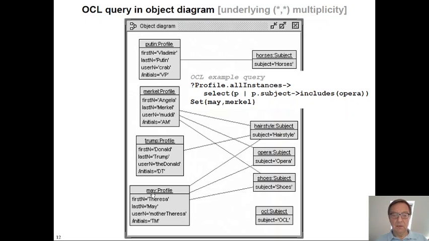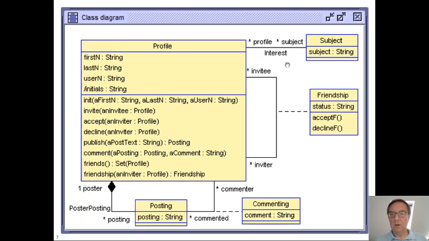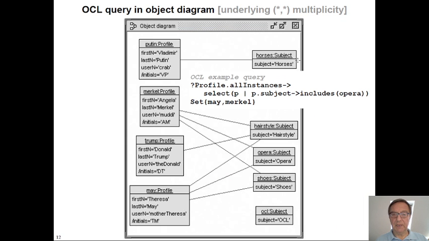And for p equal to May, p.subject is a set consisting of 3 elements, namely hairstyle, opera, and shoes. This subject comes from the class diagram. Let's jump back: this role name is used in this query. Okay, so that's another important use of OCL.